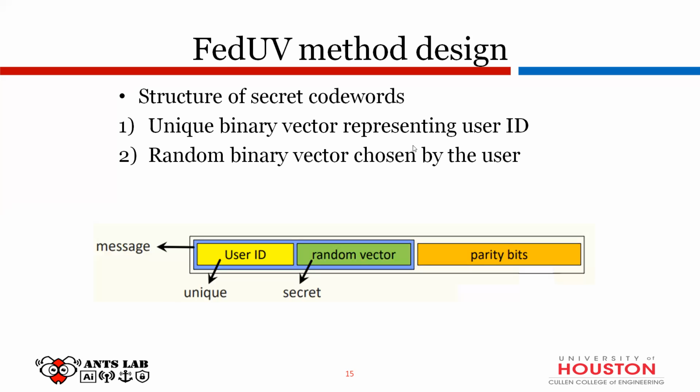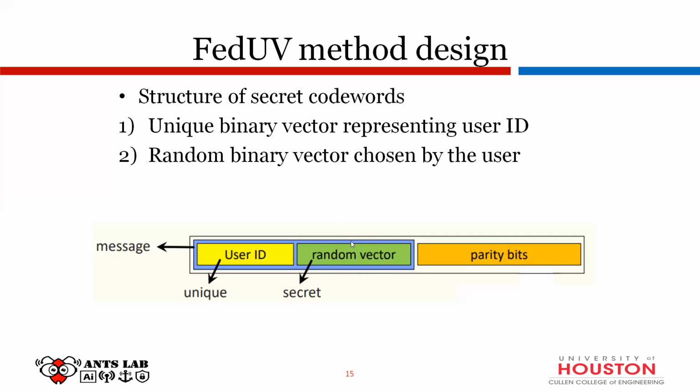Okay, so what I mentioned about the random binary vector means that this random vector is completely random, but the choice is by the user. So the user can choose what vector composition they want to be formed.